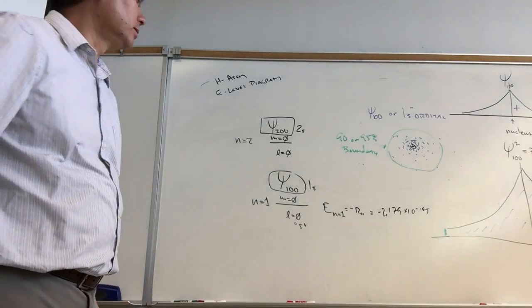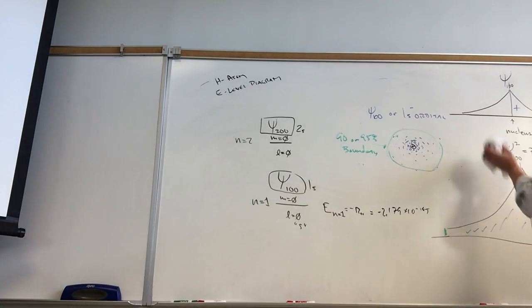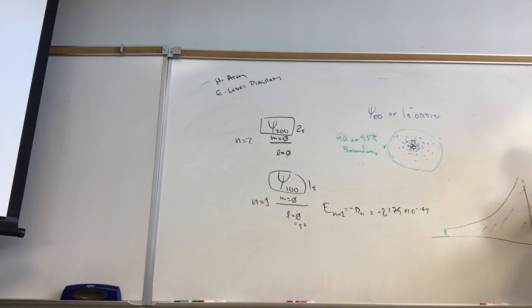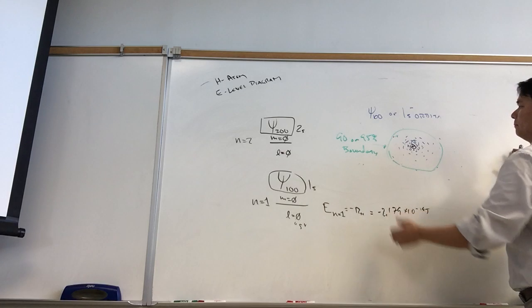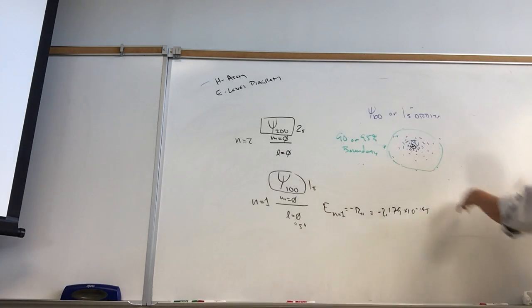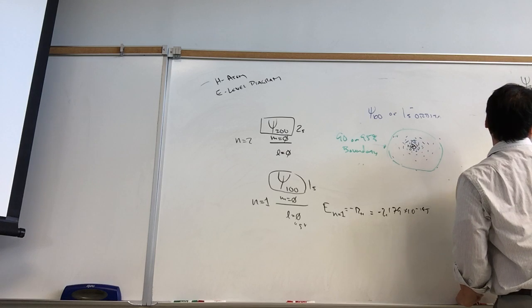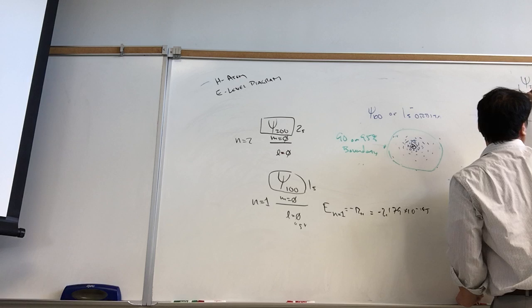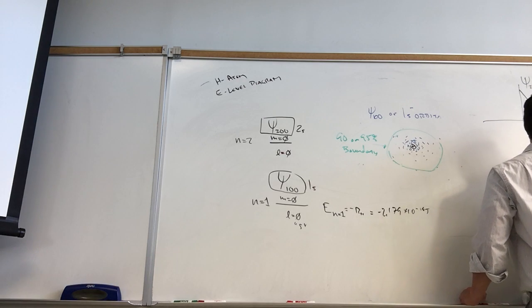What does a 2s orbital look like? A 2s orbital is going to be higher energy, and higher energy means it's going to be a bigger orbital. That is, the electron can be found further out from the nucleus. If we plot the psi 2,0,0, it looks something like this, where this would be the nucleus, and it drops down and goes up.